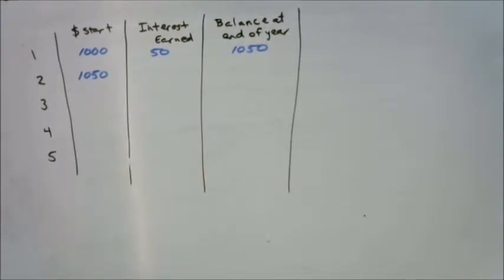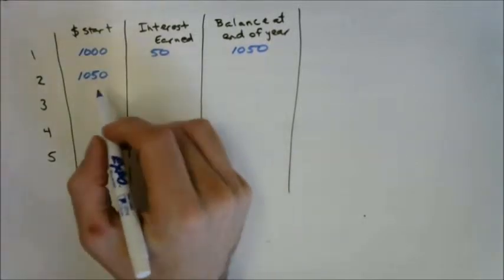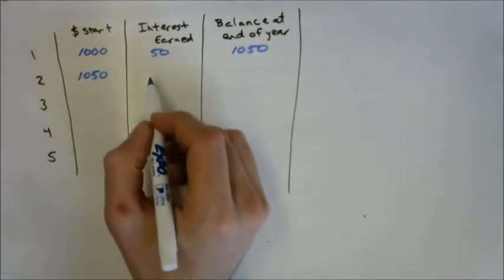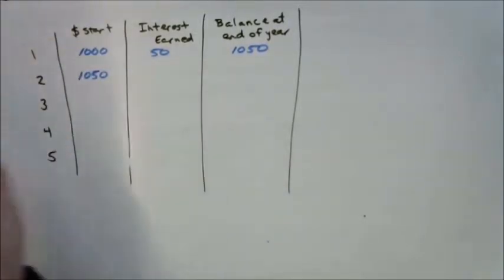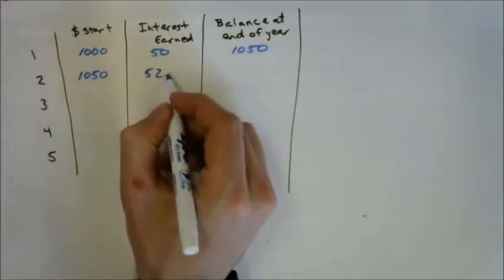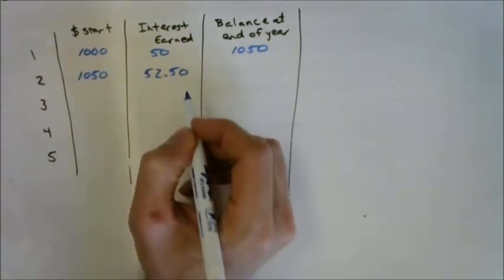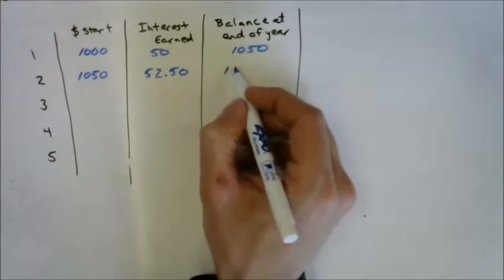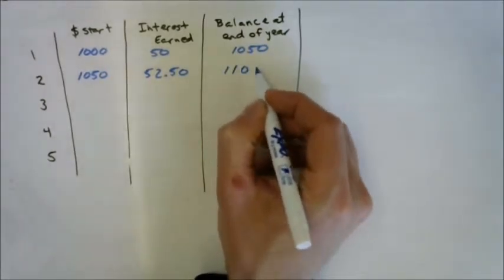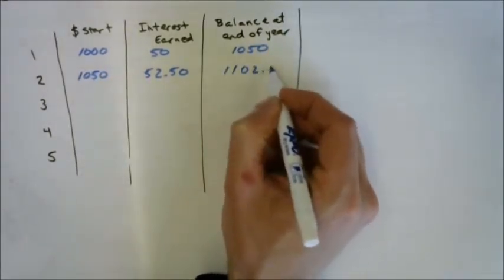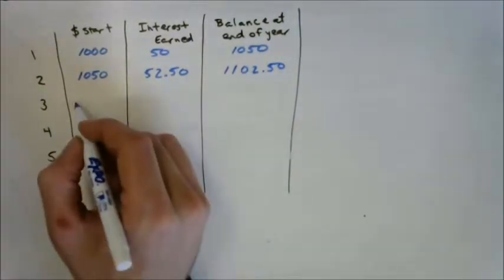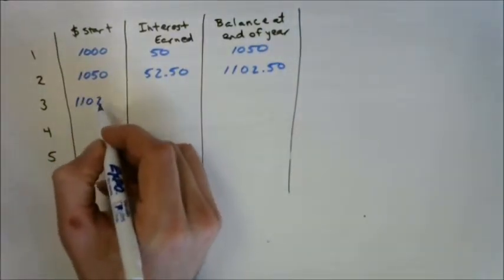Does anybody have the next number? 1,050 times 0.05. So he's going to get $52.50 that year. We add that up, it's going to get us 1102.50. And now that becomes the starting amount in year 3.